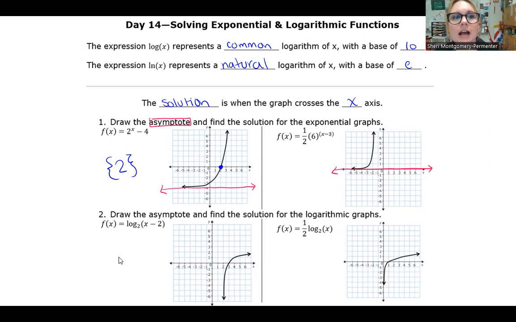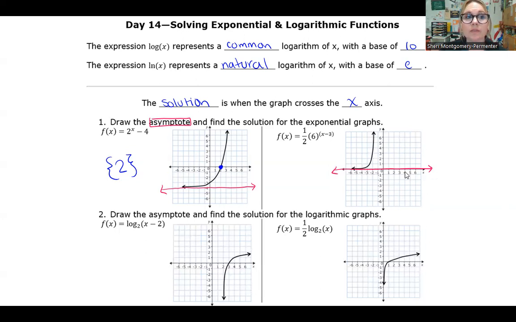For the next graph, where does this graph cross the x-axis? Keep in mind, it does not touch the asymptote. It will stay above the asymptote. So where do you think that one is going to cross the x-axis? Where is it going to cross?